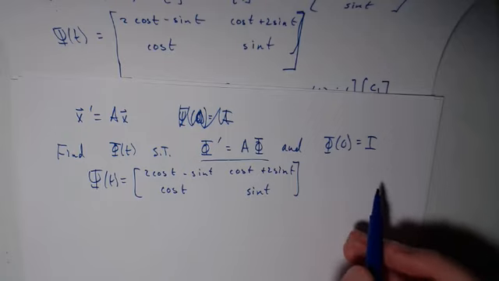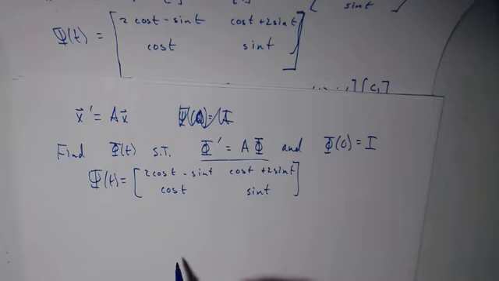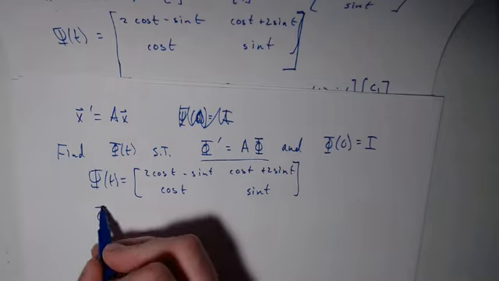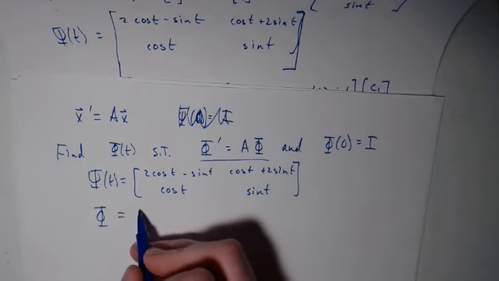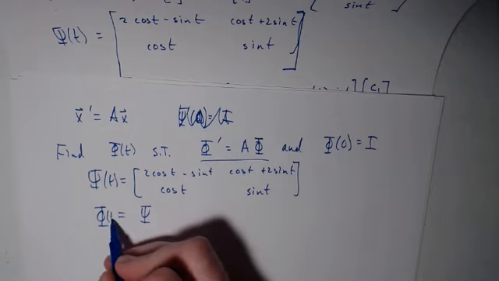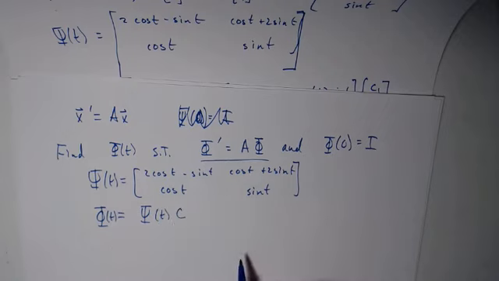So in this case, instead of multiplying by a constant vector, we can multiply by a constant matrix. So we'll say phi of t equals psi of t times c. Now, keep in mind that multiplying by constants does not change the fact that this is a solution. We have a linear first order system, so I can multiply by a constant, and that is still a solution.